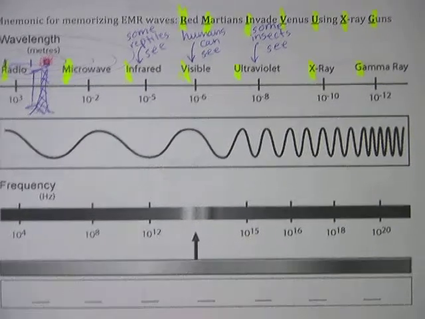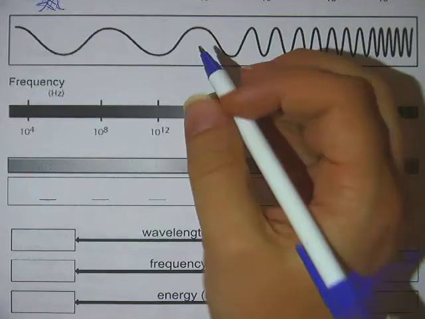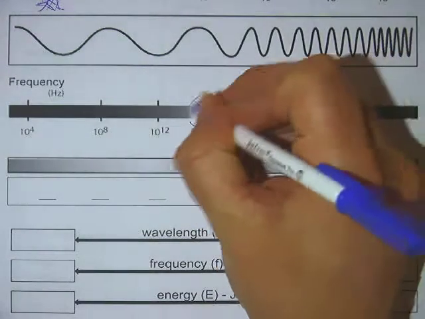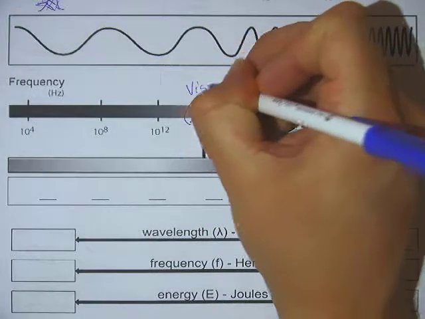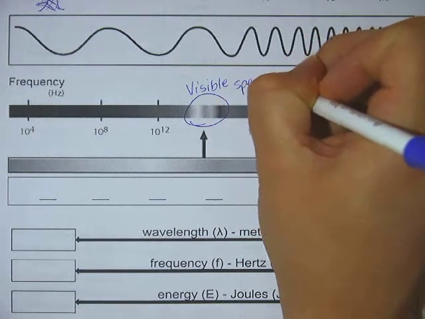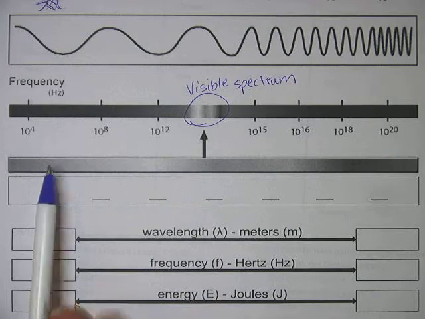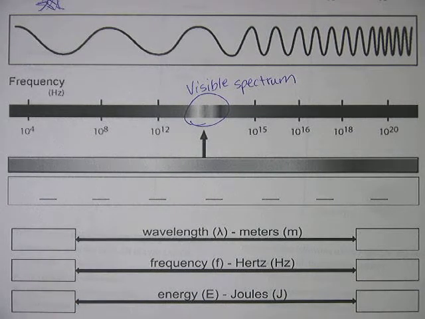And then the visible spectrum, in the center here, has its own order it goes in. And we've kind of set it up more down here.